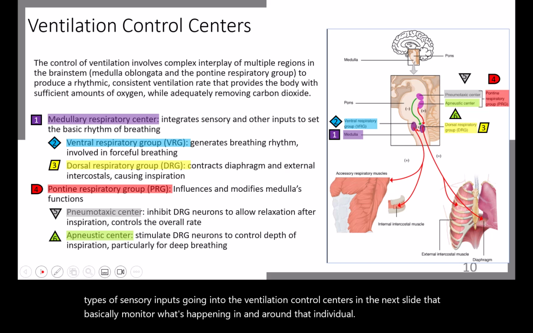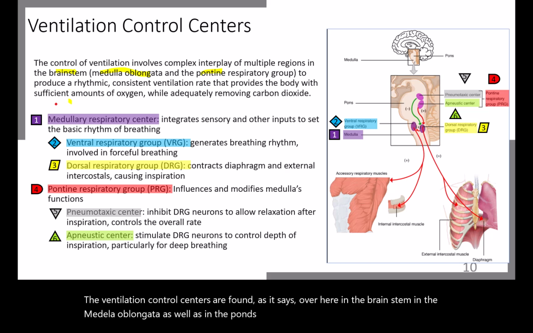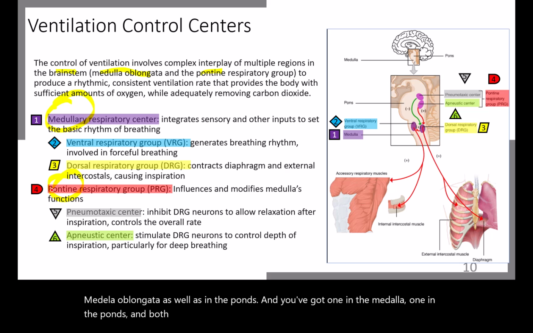The ventilation control centers are found, as it says over here, in the brainstem, in the medulla oblongata, as well as in the pons. And you've got one in the medulla, one in the pons, and both of them help to control the rate as well as the depth of breathing.